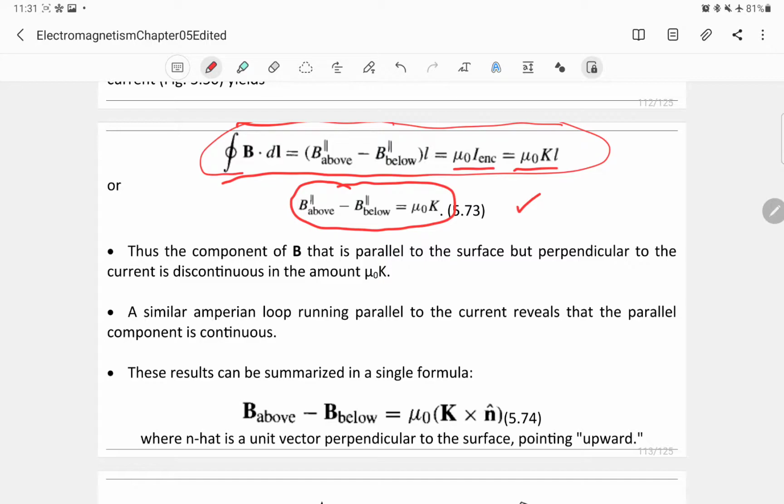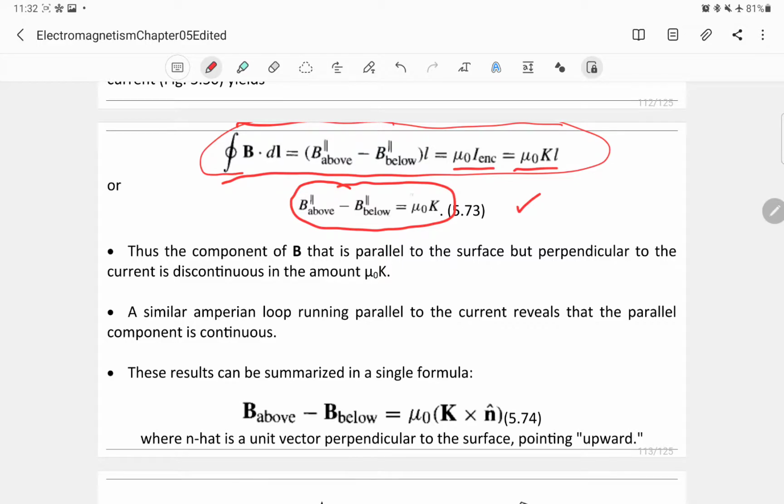Again, if you have a sheet with current, the magnetic field that's perpendicular to the sheet is continuous, meaning it doesn't change. So if it's B perpendicular below, it would be the same above. But the tangential components will have a discontinuity.